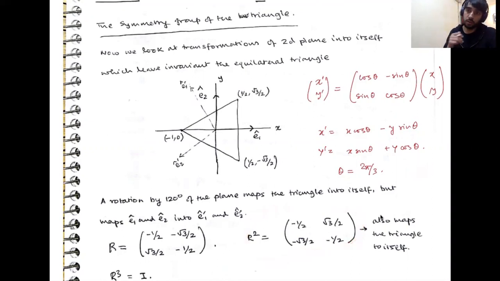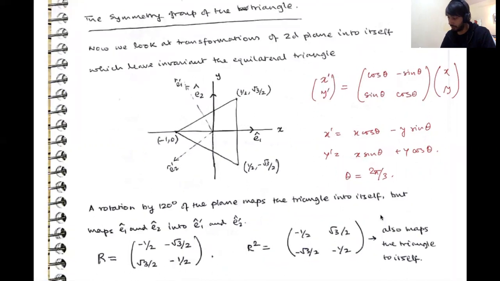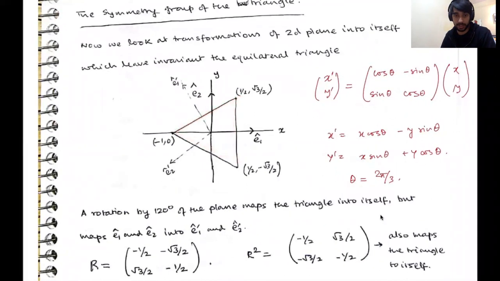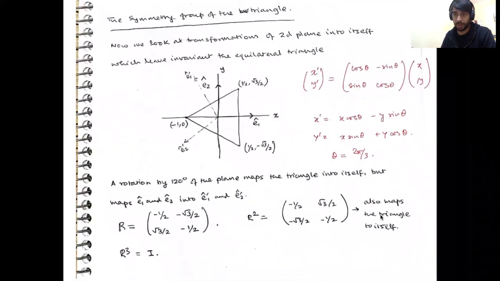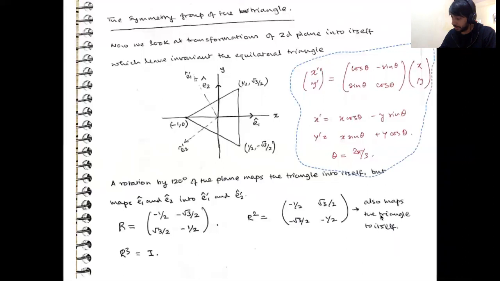If you rotate by 120 degrees, this equilateral triangle comes back to itself. So this is this, and R cubed, as we have been saying, is obviously equal to 1. So that's great.